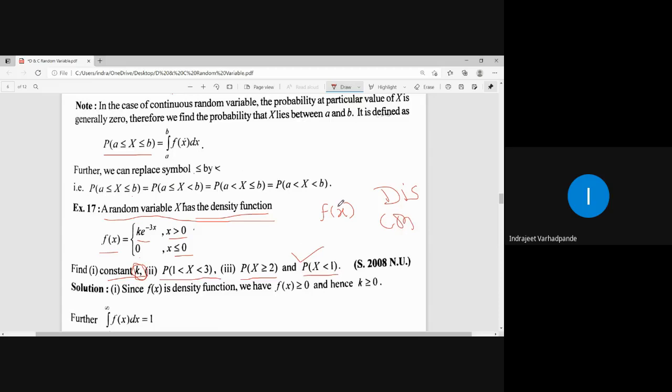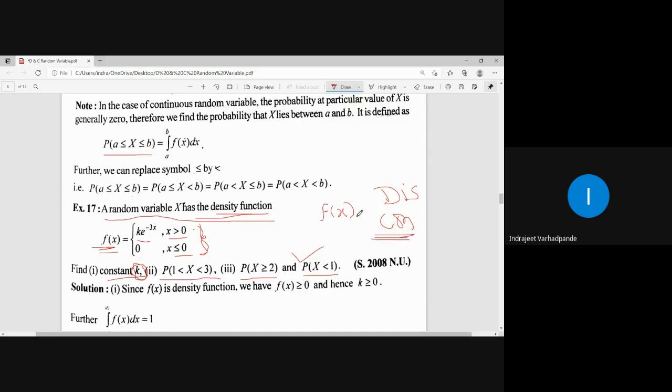One more thing I told you to identify it as continuous is whenever it is given in interval form. x greater than 0 means how many numbers are there greater than 0? Infinite, and those are uncountable. Therefore these cannot be counted, and hence I consider this random variable x, which has a density function, as a continuous random variable.